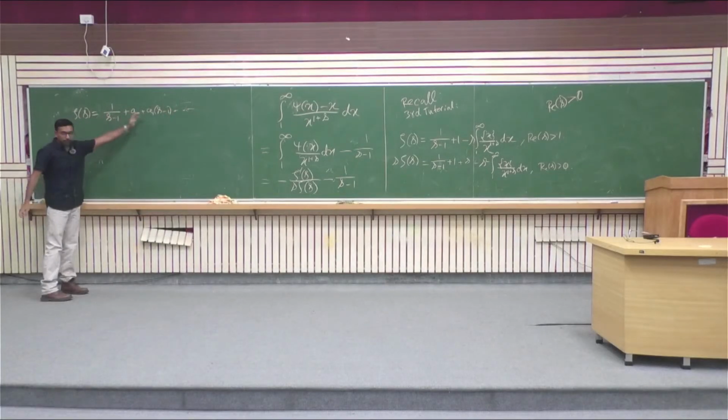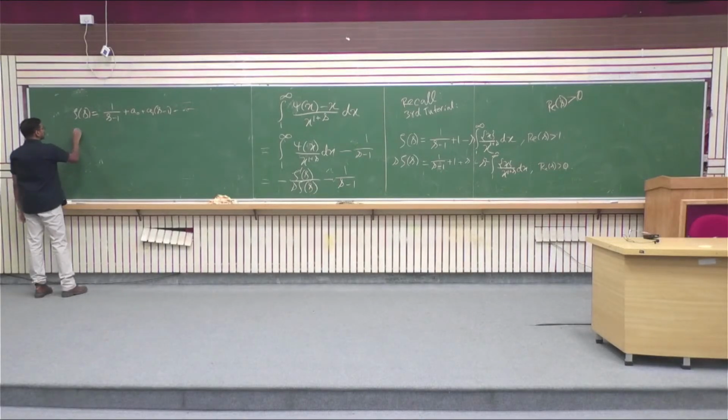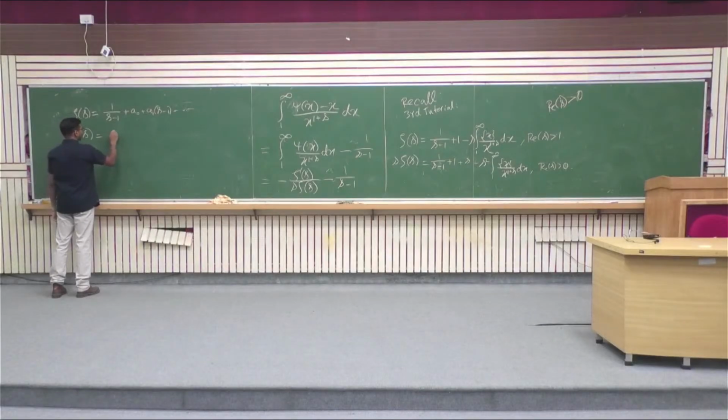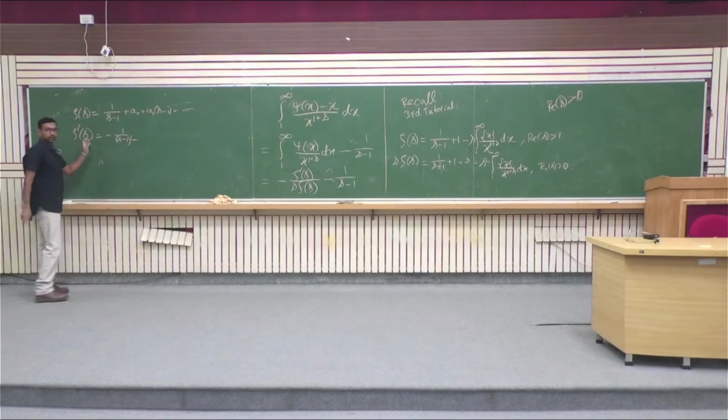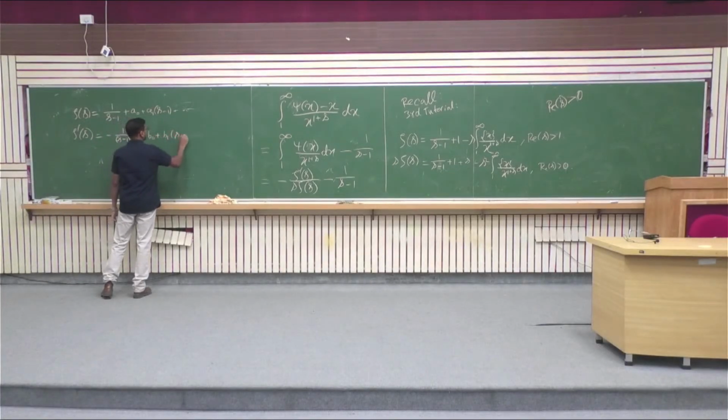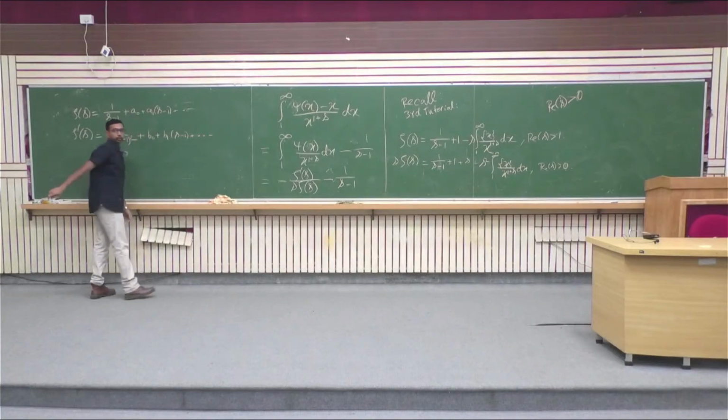Some convergent part, and there is a pole at s equal to 1. So zeta prime s will then have a pole of order 2 at s minus 1 plus some b0 plus dot dot.